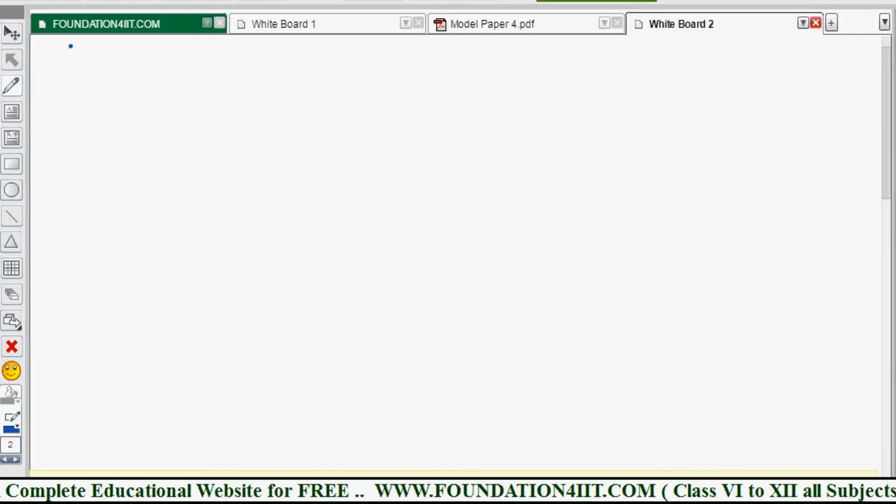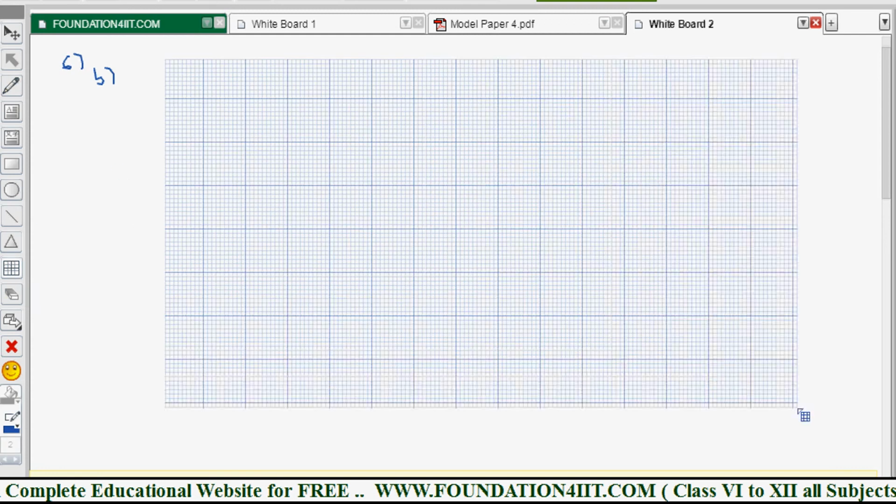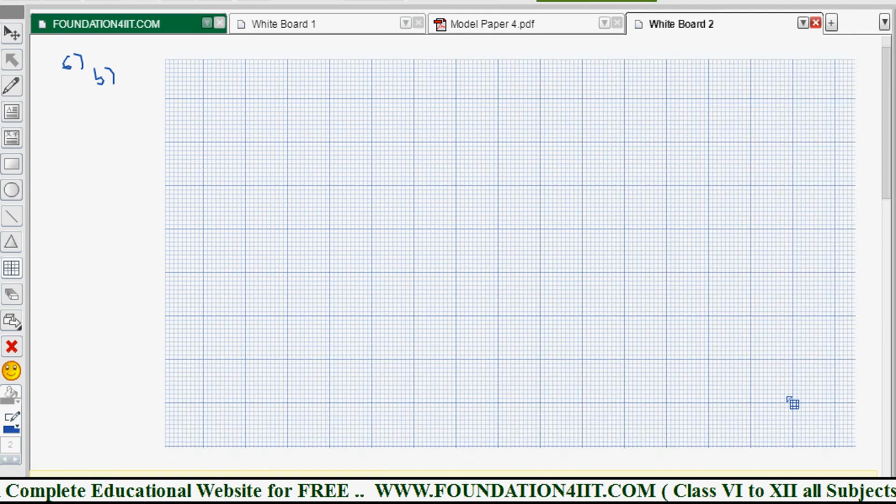So in this, let us take the graph paper and solve. Draw the x-axis and y-axis.